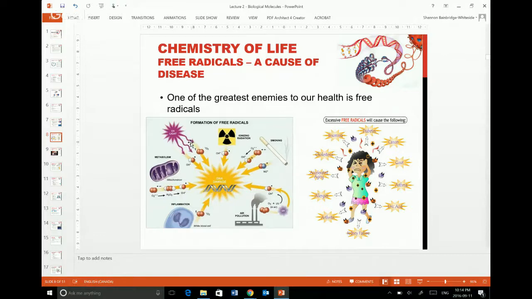UV light, ionizing radiation, smoking, and pollution are all known to cause free radicals. Then you start to have an accumulation of these damaging molecules, which can cause DNA damage. A whole slew of different diseases have been linked to the formation of free radicals.